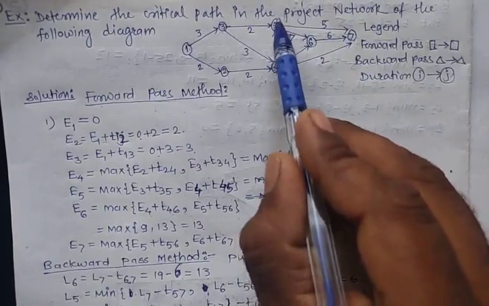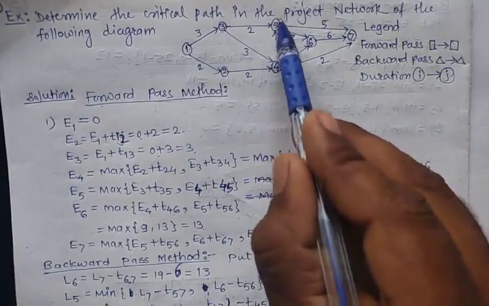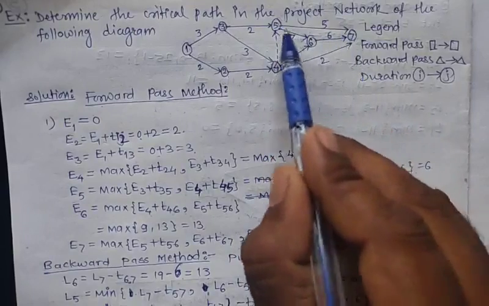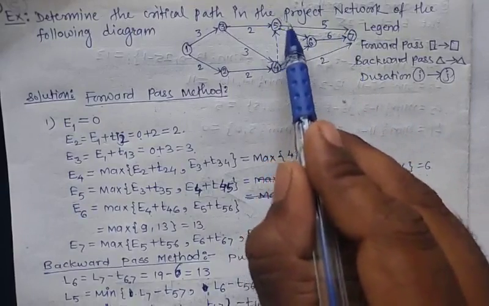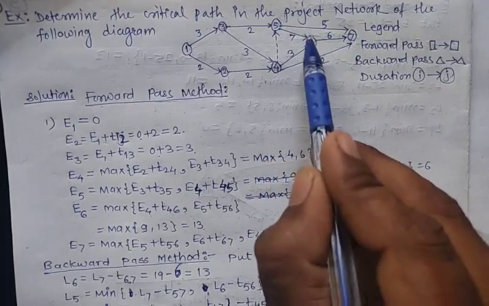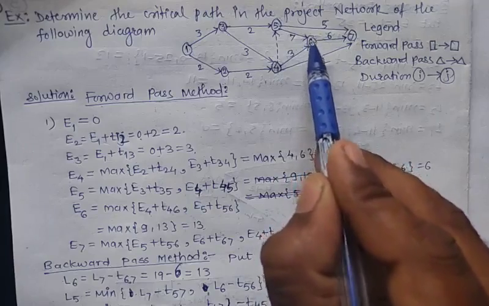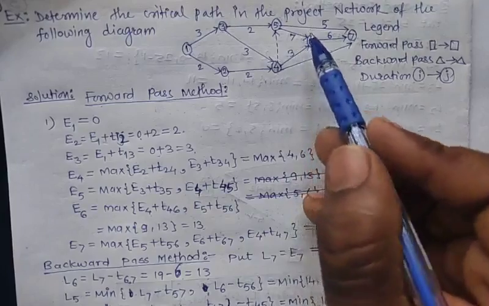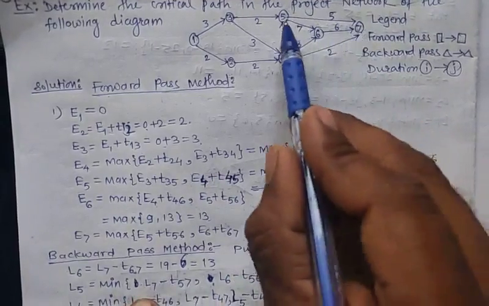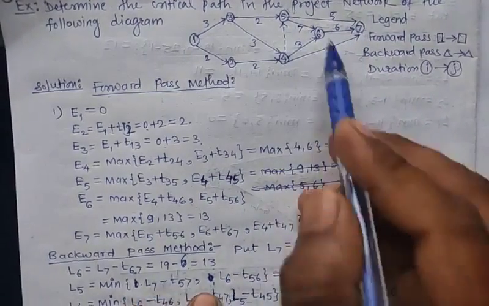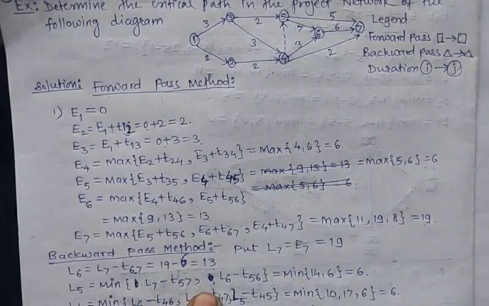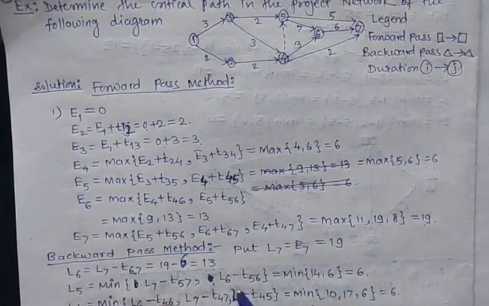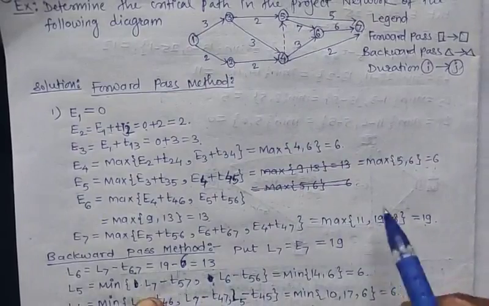Next calculate L5. Observe that from L5 there are only two outgoing arrows, which go to L6 and L7. So we'll take the minimum between these two: L7 minus T57 and L6 minus T56.